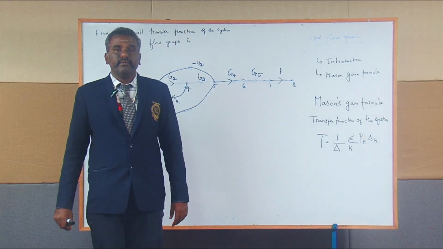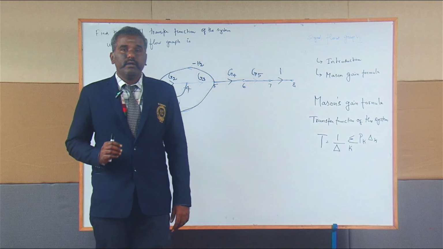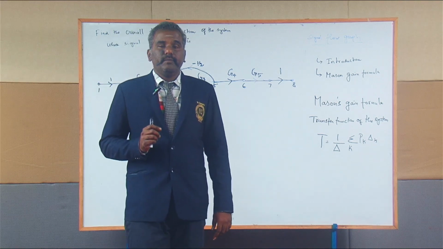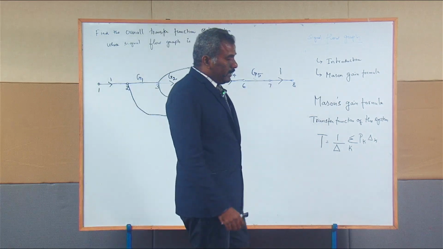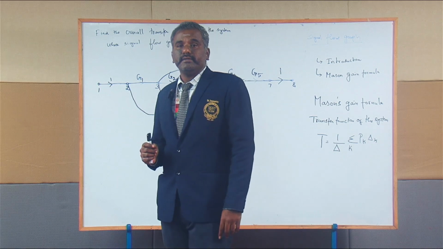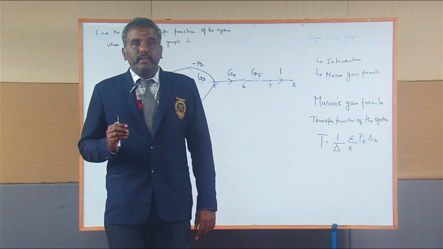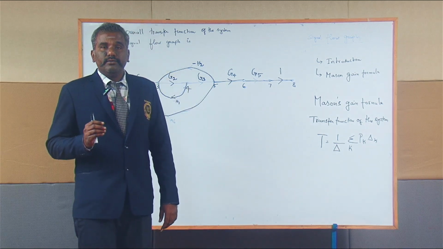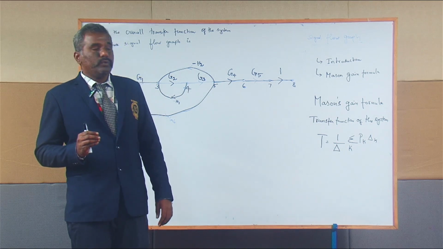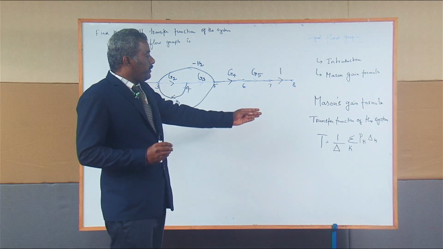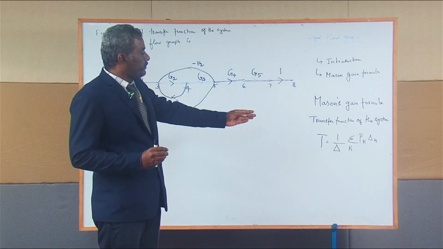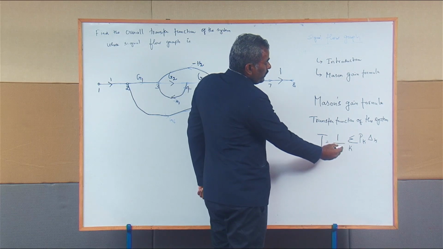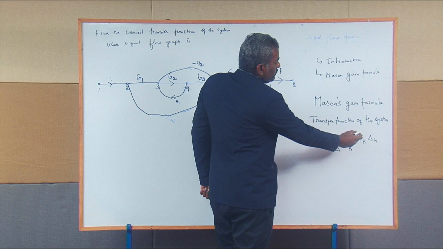Generally, the signal flow graph is utilized to find the overall transfer function of the system, and it was constructed by S.J. Mason. The advantage of the signal flow graph is that it is a much easier method compared to the block diagram reduction technique, and the overall transfer function can be computed easily through the Mason gain formula, which is given as T, the overall system transfer function, equal to 1 divided by del, summation of p suffix k del suffix k.